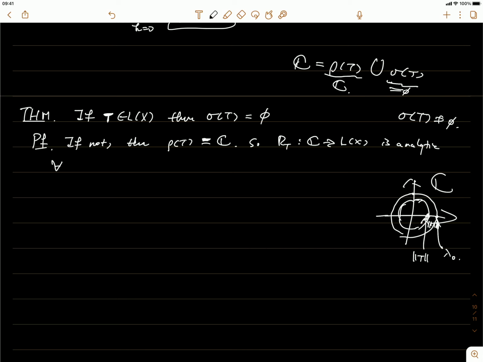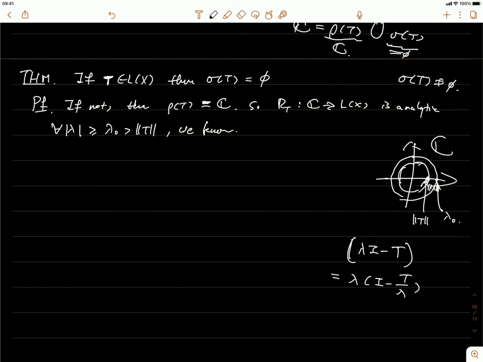You can see that for any lambda whose modulus is greater than or equal to lambda naught, and that will be greater than the norm of T, we know lambda I minus T can be written as lambda times I minus T over lambda.